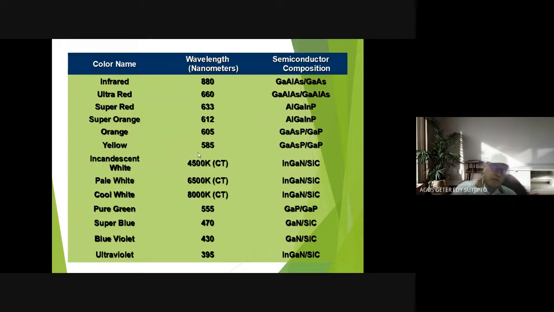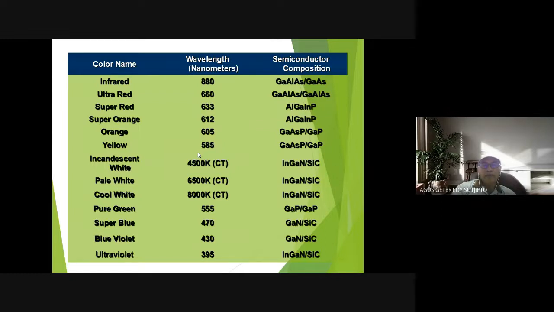Today we have comparable display technologies, like plasma display, LCD or LED. All of this is photonic technology.